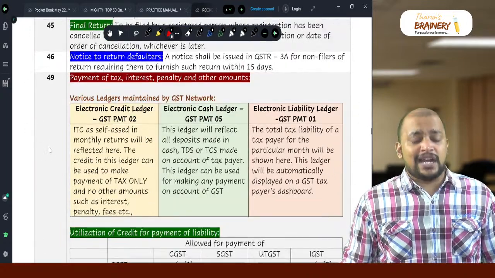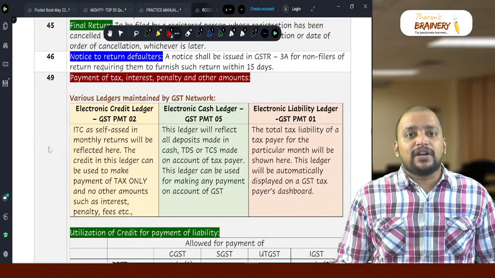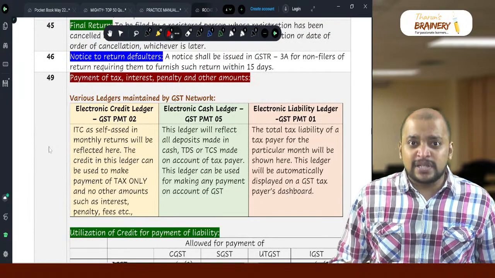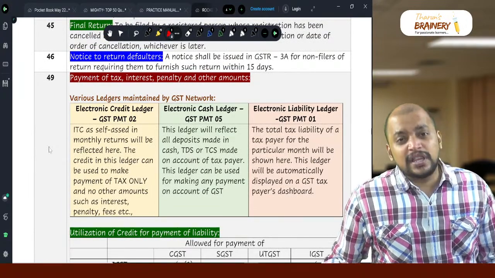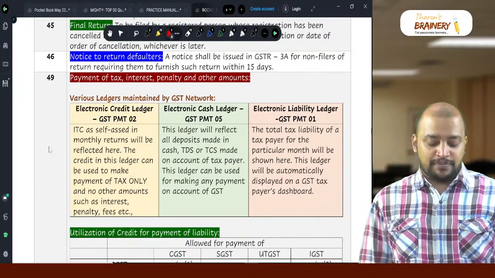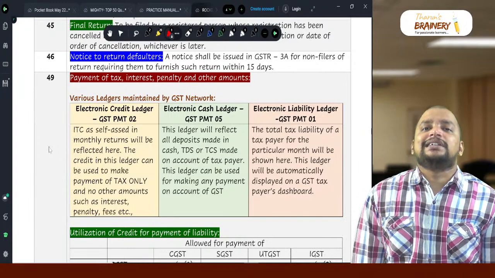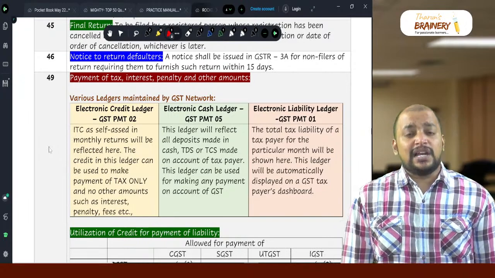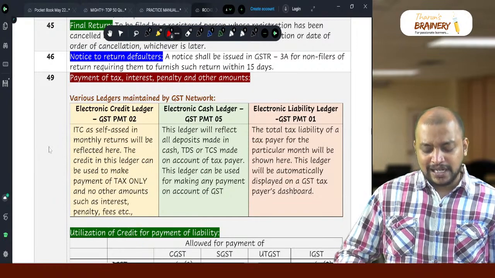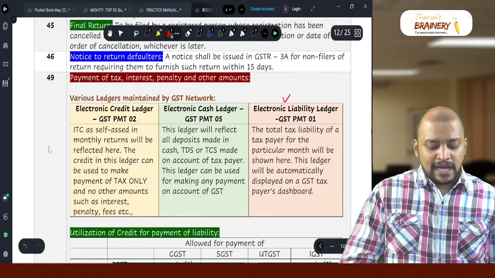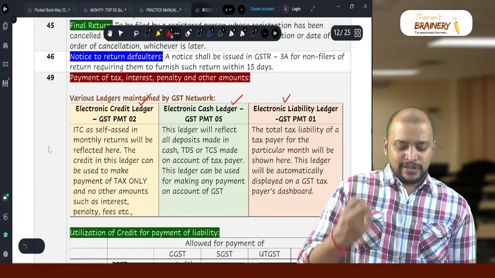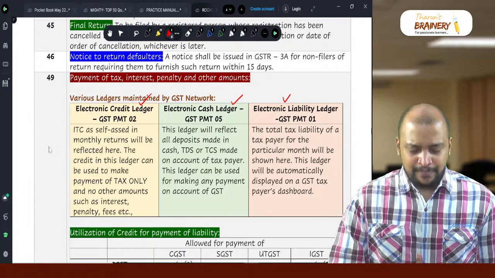47, 48 we don't have, but 49 we have: payment of tax, interest, penalty and other amounts. That is the various ledgers. What are the various ledgers maintained by the GST portal on behalf of every registered person? We have the electronic credit ledger, electronic cash ledger and electronic liability ledger. Electronic liability ledger is PMT-1, electronic credit ledger PMT-2, electronic cash ledger PMT-3. What is this electronic liability ledger?